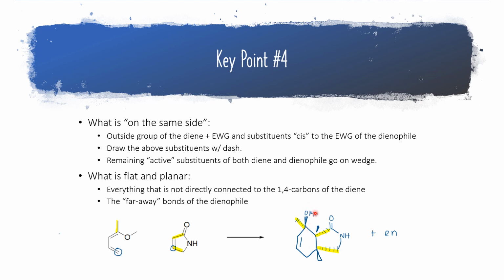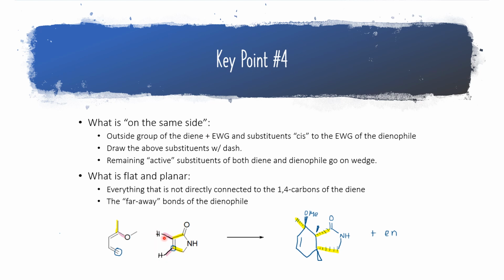Now, also you should notice that what goes on the wedge is everything else that are the active substituents. So here, this goes on a wedge. As seen over here, that's what I call the inner group that's attached to carbon number 1. Here, although we don't really draw in hydrogens, for this purpose, we're just going to draw them in so you can understand where they go.